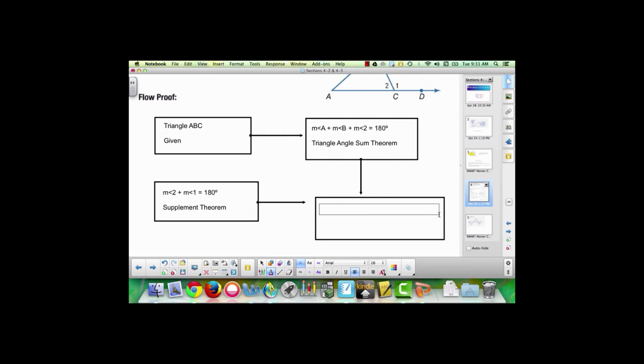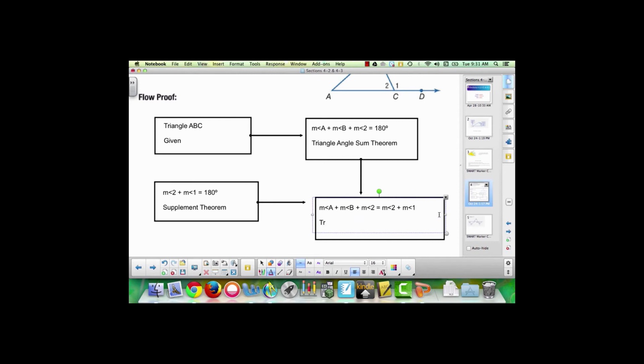So this one says the measure of angle A plus the measure of angle B plus the measure of angle 2 equals the measure of angle 2 plus the measure of angle 1.